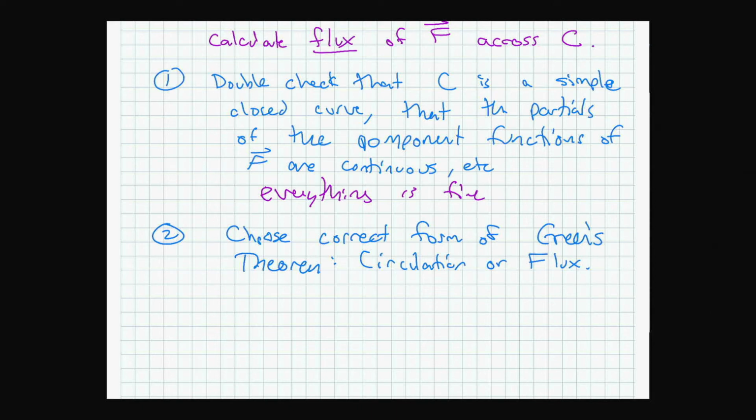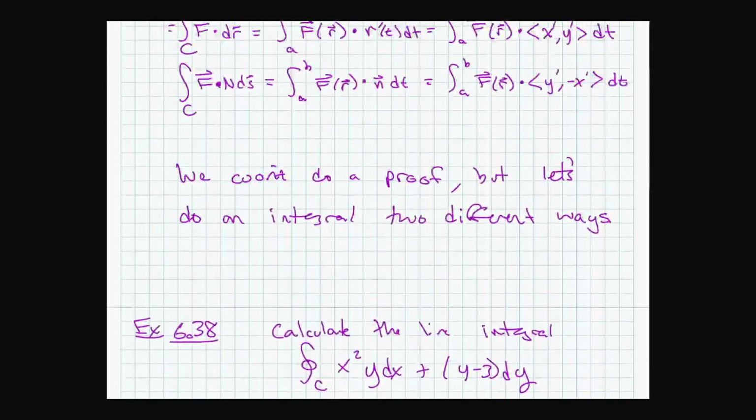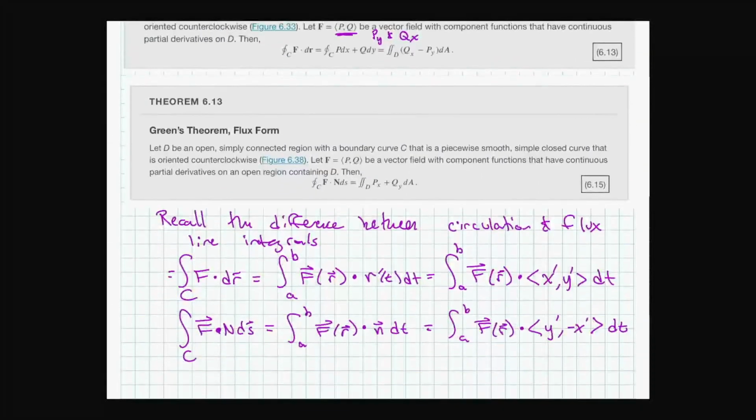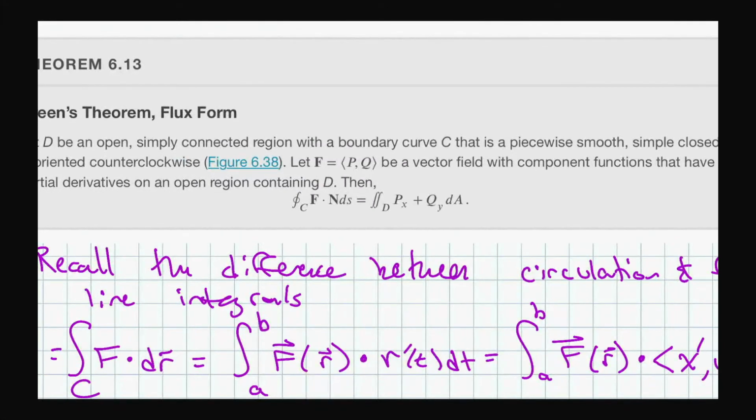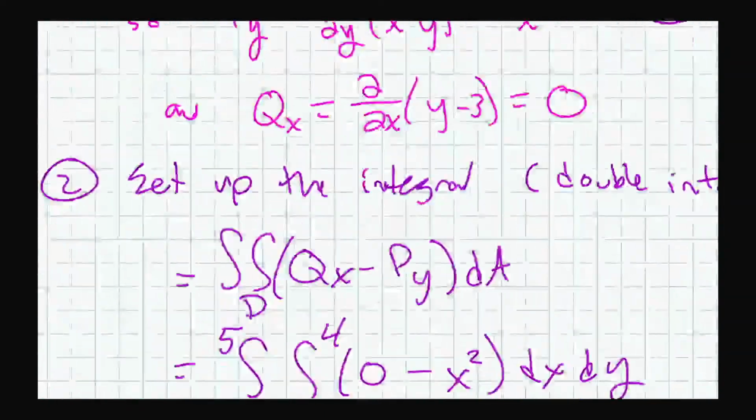We have flux because they said calculate flux. So the flux across C is going to be the double integral of Px plus Qy. That's opposite Px Qy, and it's a plus sign.